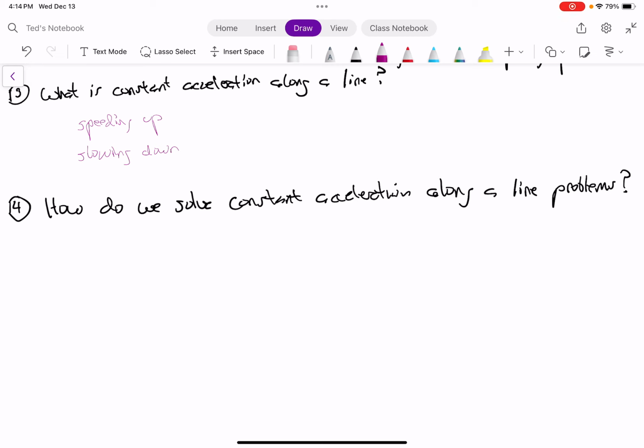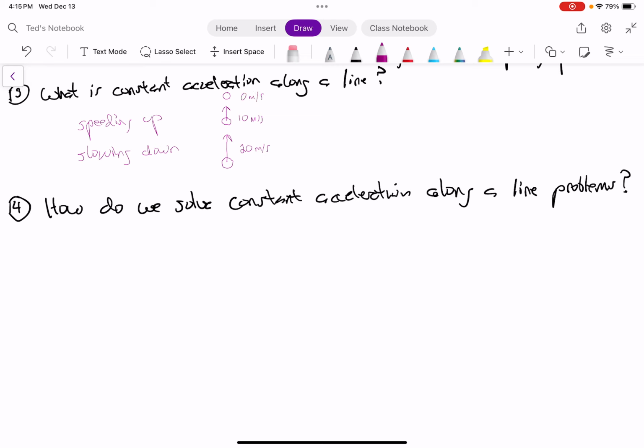And we could actually be doing both. For example, if I have an object that starts with a velocity of 20 meters per second up and has an acceleration of negative 10, after the first second, it will slow down to 10 meters per second, and in the next second it will slow down to 0 meters per second.